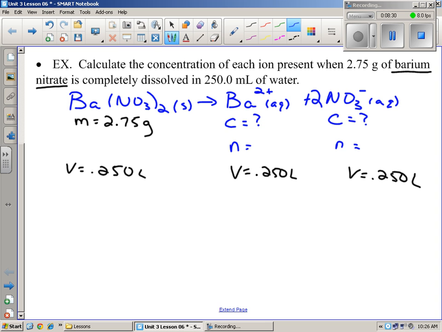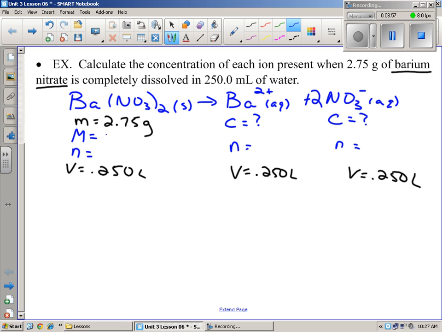So, how am I going to find N? Well, I can tell you this. We could find the molar mass here. And little m and big M would give me N here, of course. Okay, so let's do that. Let's see, barium is 137.33. And we need 2 nitrogens. And we need 6 oxygens.